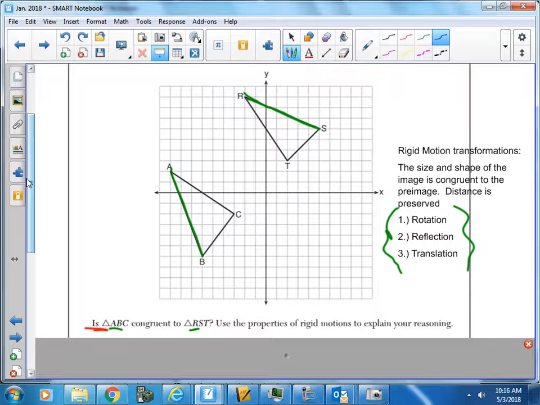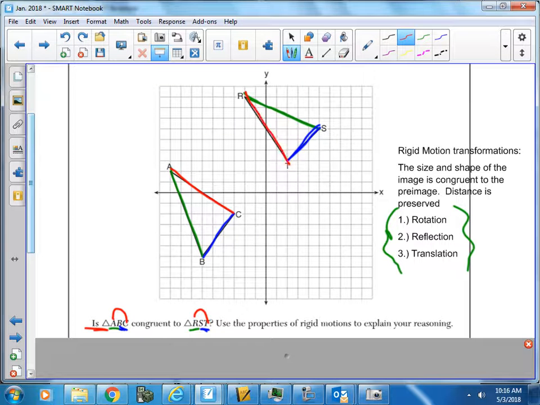Then BC should be congruent to ST, and AC should be congruent to RT.